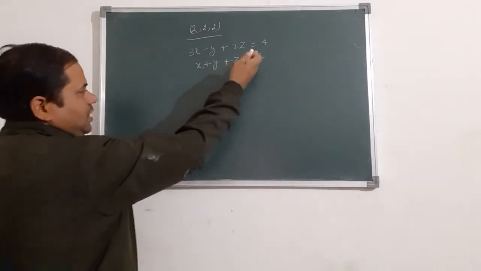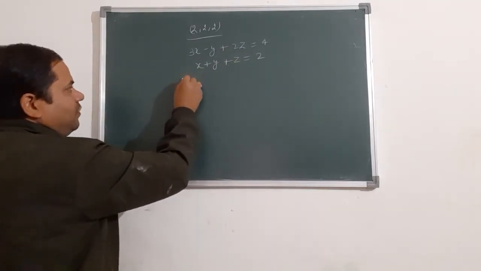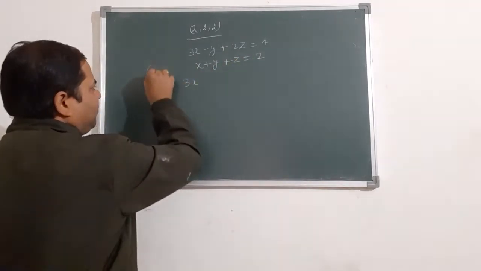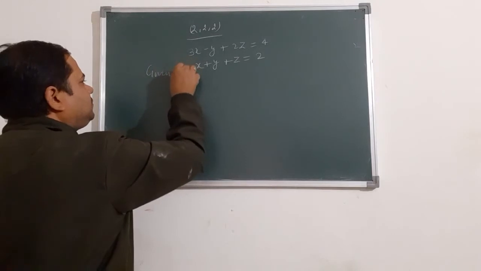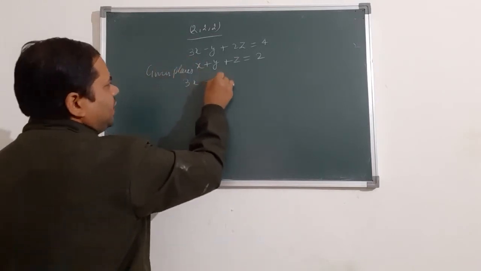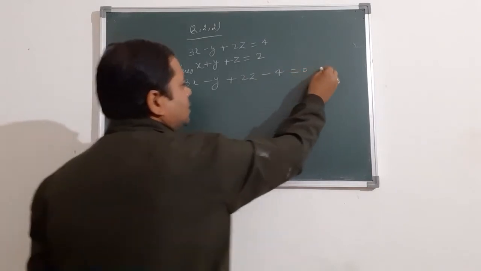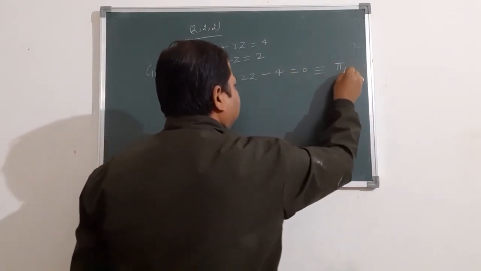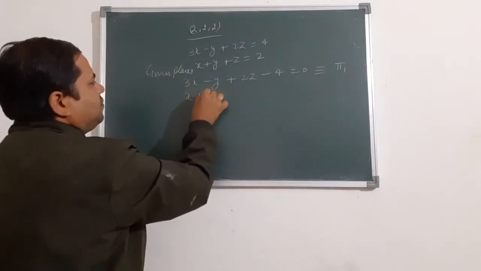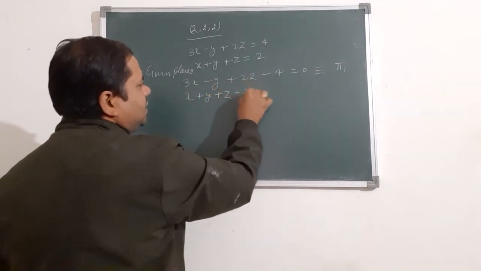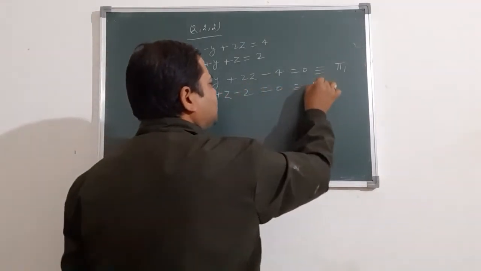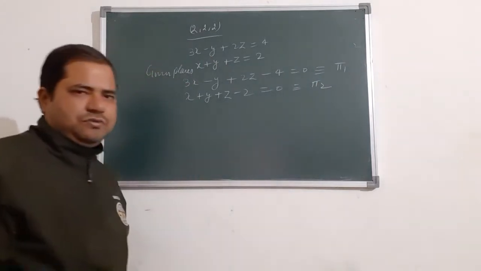So first of all we convert this into standard form. The given planes are 3x minus y plus 2z minus 4 is equal to 0. Suppose this is pi 1, and x plus y plus z minus 2 is equal to 0. Suppose this is pi 2.